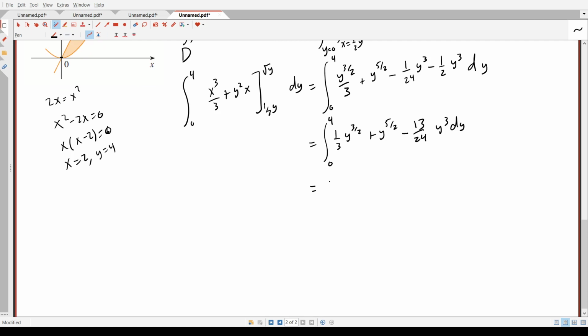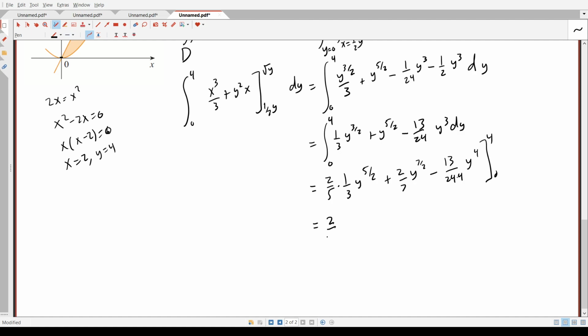We get 2/5 times 1/3 y to the 5/2 plus 2/7 y to the 7/2 minus 13 over 24 times 4 y to the 4th from 0 to 4. So now we just plug in 4.